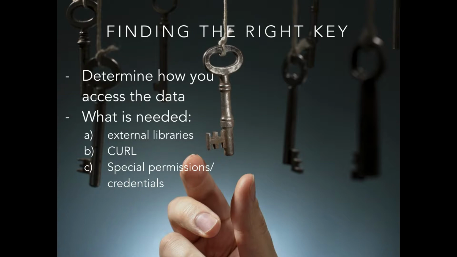Check if you can install external libraries on your server. Is Java there? Check for special permissions or credentials, because not all of the client IDs will give you sudo access. So sometimes you may have very limited permissions and you're just not able to access the directory. All of these pitfalls need to be sorted out before you even start planning the code for your import project.